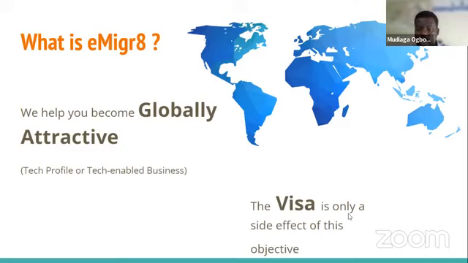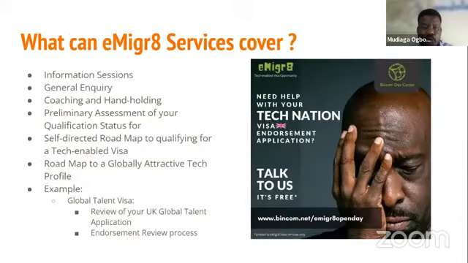And like we often say, the visa is only a side effect of the fact that you're globally attractive, right? Once you become globally attractive, the visa is only a side effect, right? Nations will open their doors to you automatically with ease because they're looking for people with your tech skills to come and benefit or to come and move their economy forward.